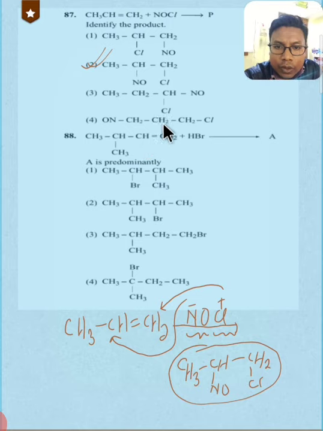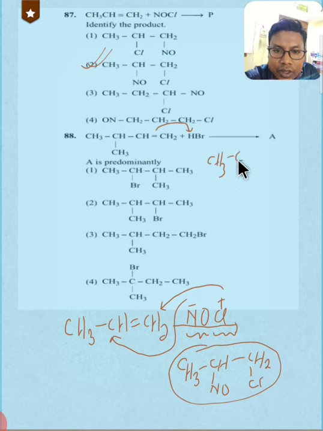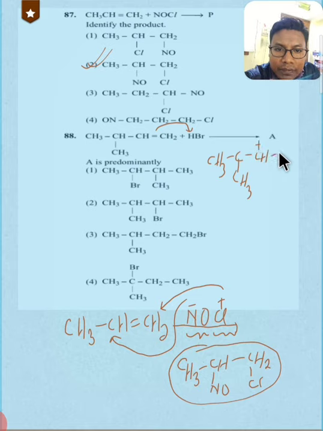This double bond will be attached to this hydrogen atom H plus, and we are going to get this carbocation, CH3C. This is our CH3, and this will be our carbocation formed by reacting with H plus, right?